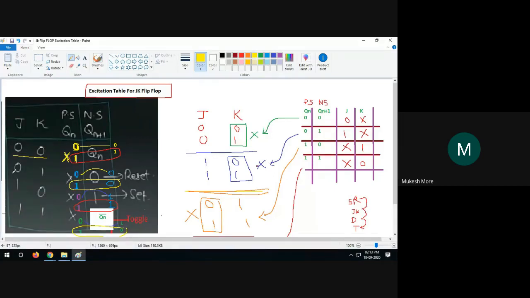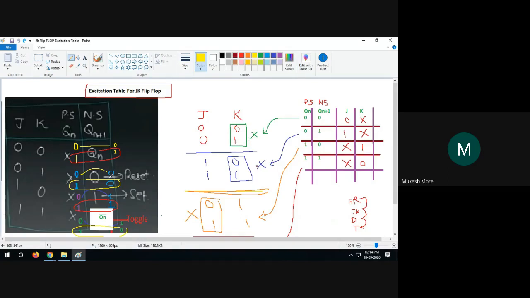Next, J equal to 0, K equal to 1. Then again we have two values for this don't care, 0 and 1. For 1, 0, again two values, 0 and 1. And for 1, 1, again two values, 0 and 1. So we have written 0, 1, 0, 1 as the don't care values for the present state.